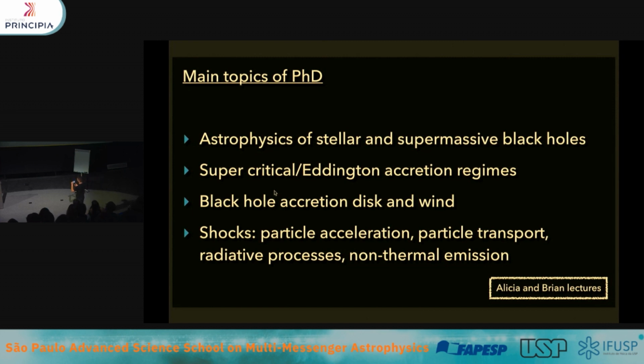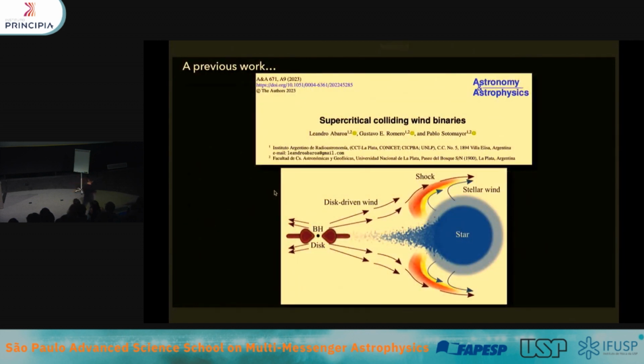Before I talk about clusters of black holes in AGNs, I just added this slide yesterday because we saw that there are some systems called gamma ray binaries, and I want to add another type of gamma ray binary to that list. These systems we call supercritical colliding wind binaries in a recent work.